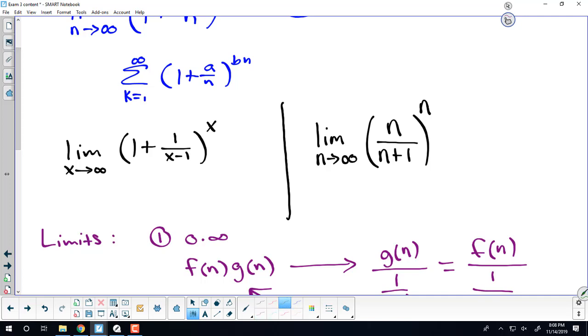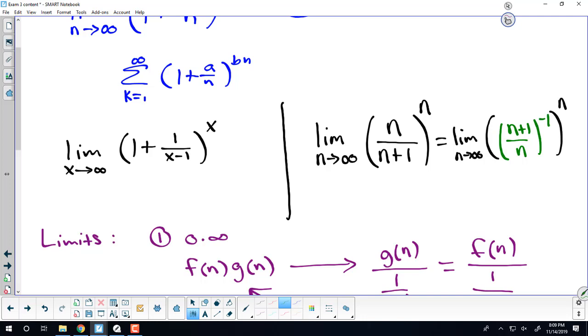But I think if you looked at it, this is the same thing as the limit at infinity of, we'll rewrite our expression here, n over n plus 1. We'll rewrite that as n plus 1 over n to the power of negative 1.